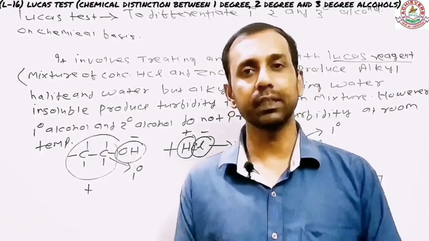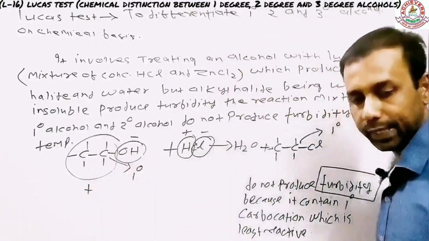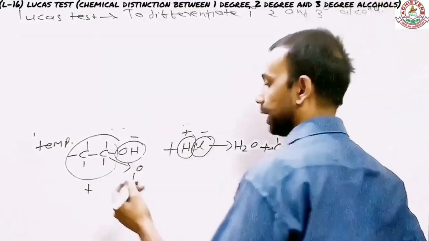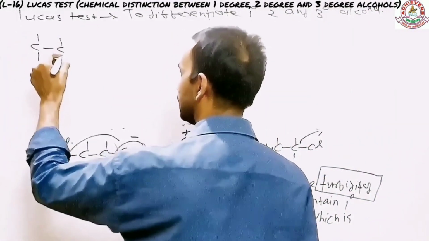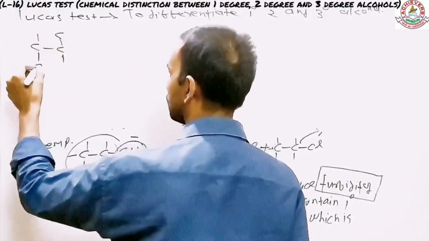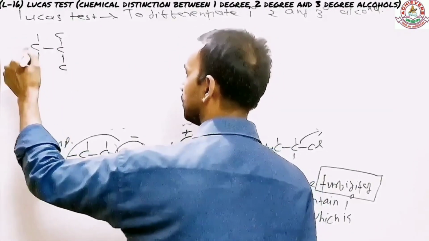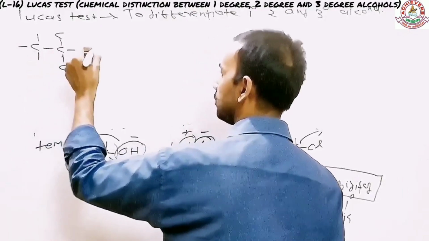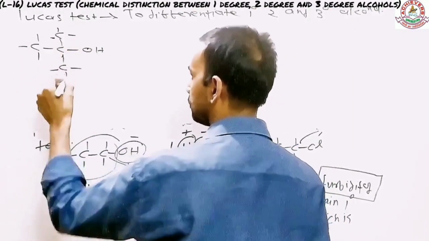The solution remains clear. But if you use a tertiary alcohol, like the one I am using right now, this is what a tertiary alcohol looks like. I hope you understand that this is a tertiary alcohol.